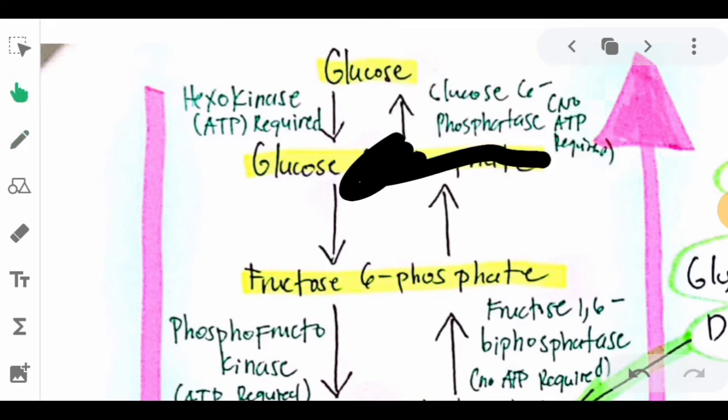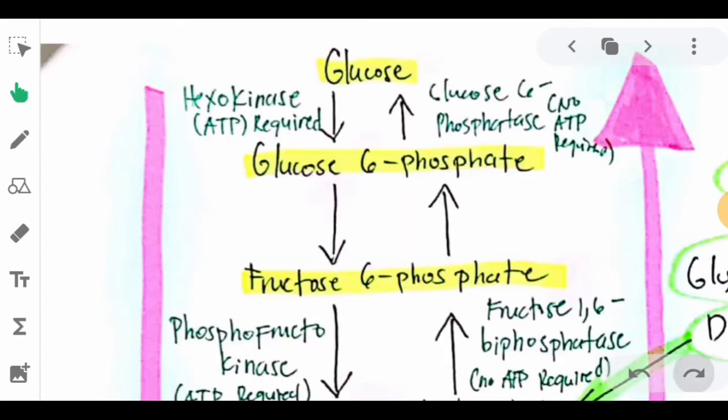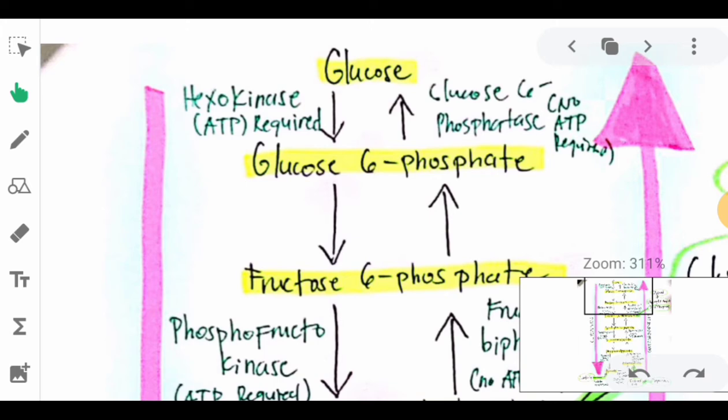So no ATP is required as well, because here you will be removing a phosphate, so that is a production of energy. But in glycolysis, from glucose to glucose 6-phosphate, an ATP is required because you will place a phosphate on the 6th carbon of the glucose. But here, no ATP is required in gluconeogenesis. That is the pathway for the conversion of lactate to glucose.